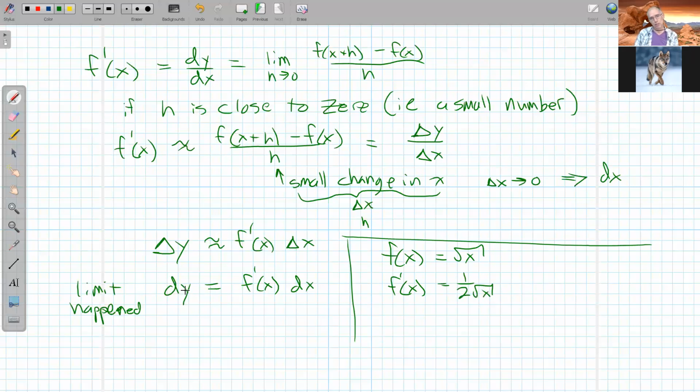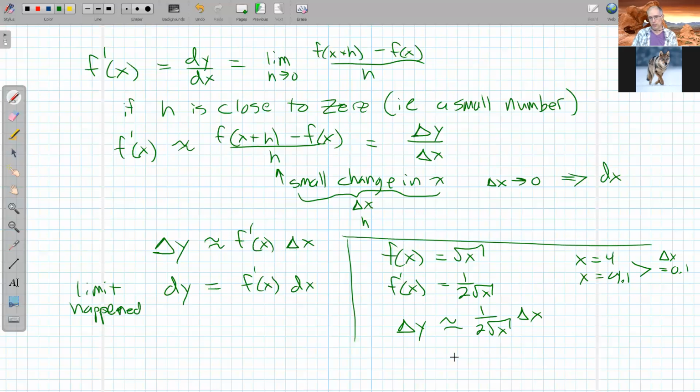And now I'm claiming that a change in y is approximately equal to that derivative, 1 over twice the square root of x, times whatever change in x I pick. A moment ago, I started at x equals 4, and then I looked at x equals 4.1. So that means my change in x here, my delta x, was equal to 0.1 when x was 4.